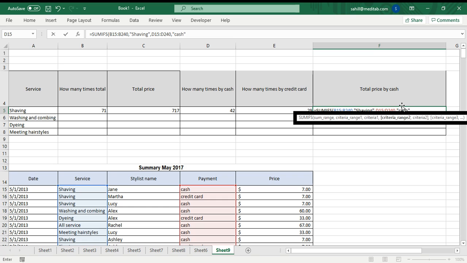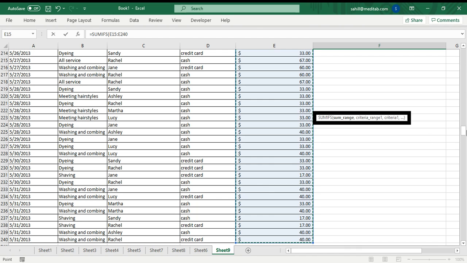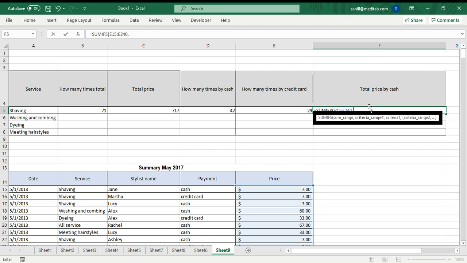Oh, sorry. I think I did it wrong because I need to take the sum range, right? Sorry, guys. Yes, I need to select price now because it is the sum range where the operation should be applied. Okay, sum range. Now we need to go for criteria range and criteria.